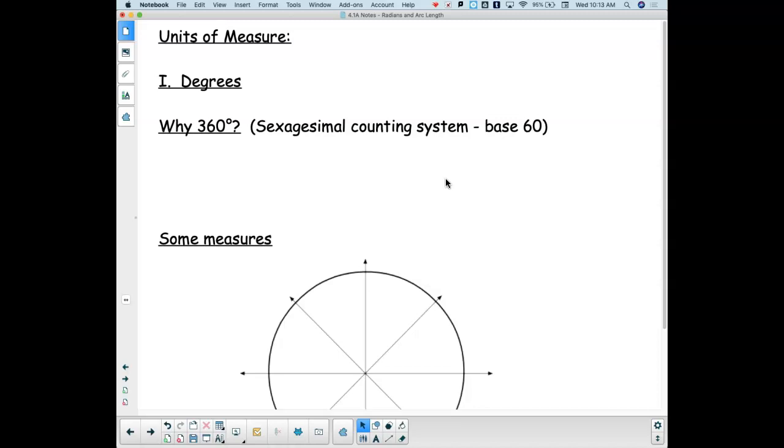We're going to utilize the unit circle pretty much every day from now until the end of the class. You're going to wear out unit circle pages.